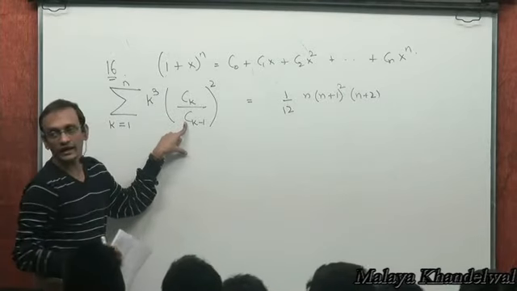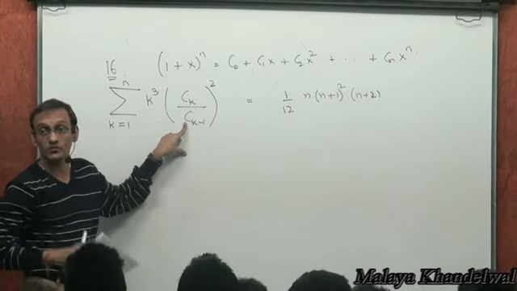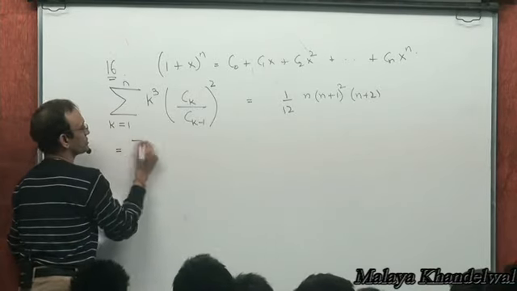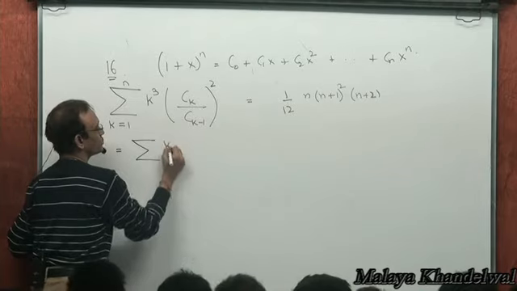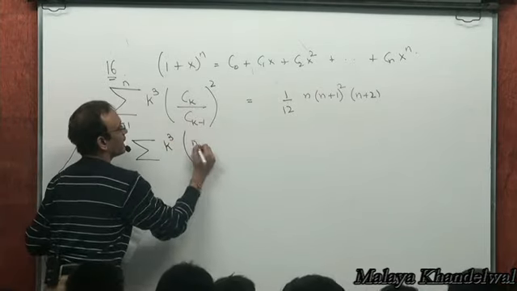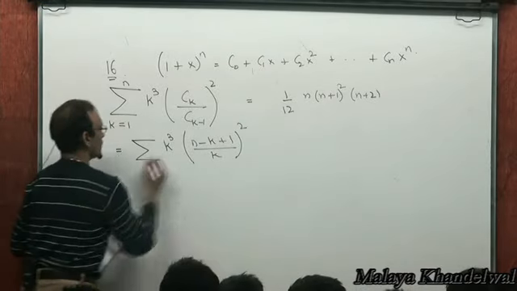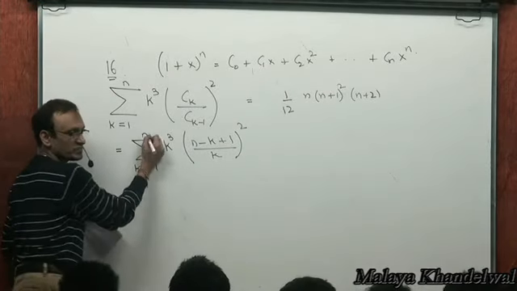Hey, nck by nck minus 1 is n minus k plus 1 divided by k, isn't it? So this is summation k cubed into n minus k plus 1 divided by k, whole squared, k equal to 1 to n.